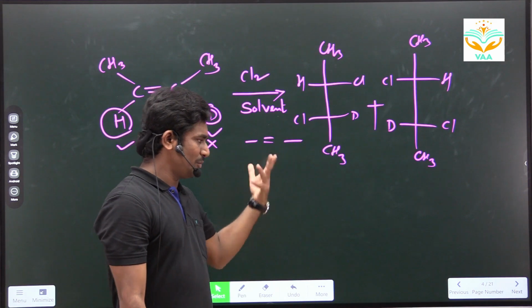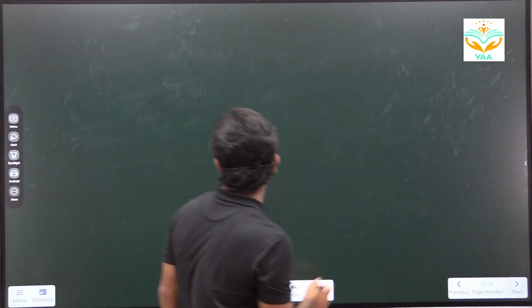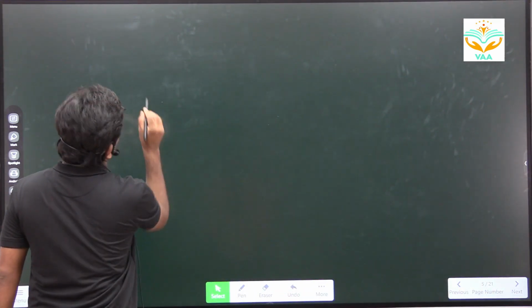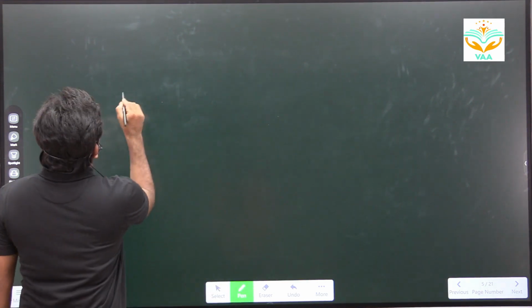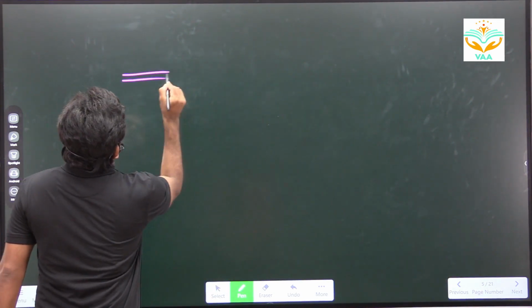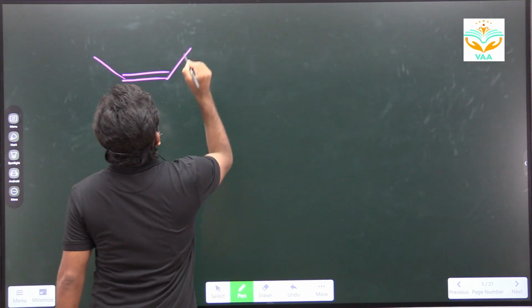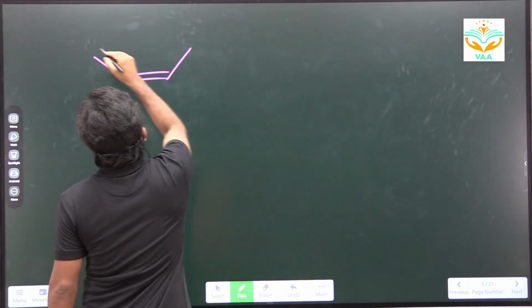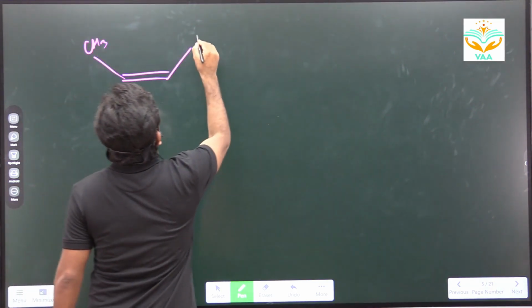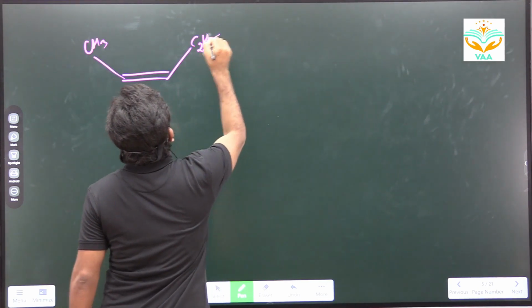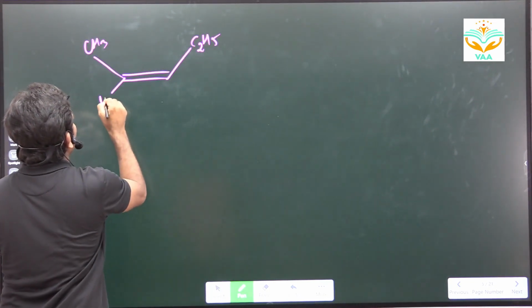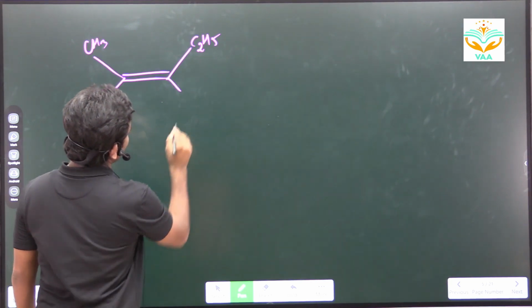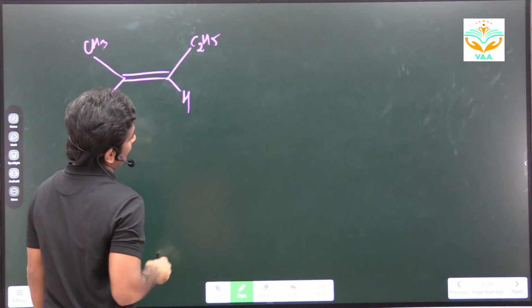So take one more example. Take many more examples, you can take any one. Suppose if you take CH3 here and C2H5 here, ethyl, and this is methyl. This is hydrogen, whatever it is.